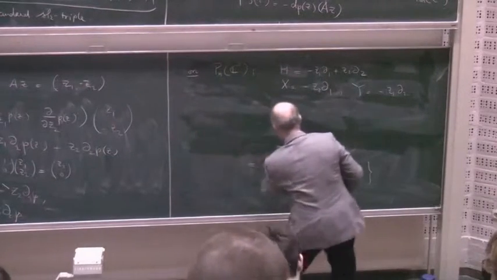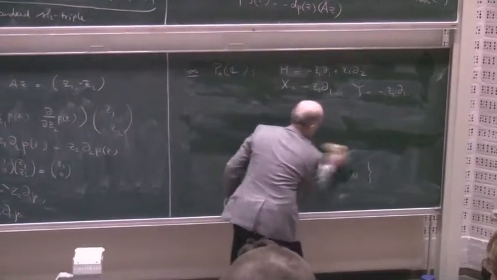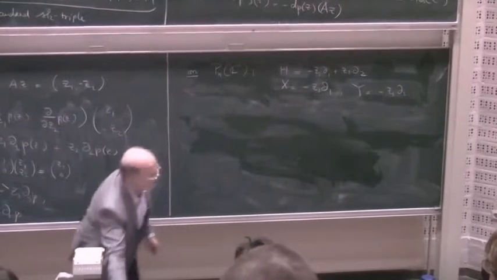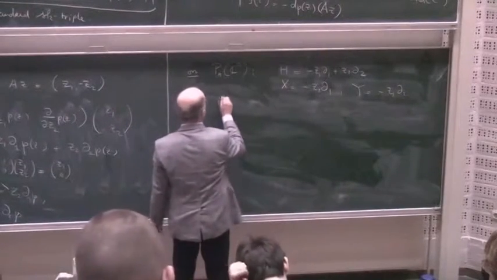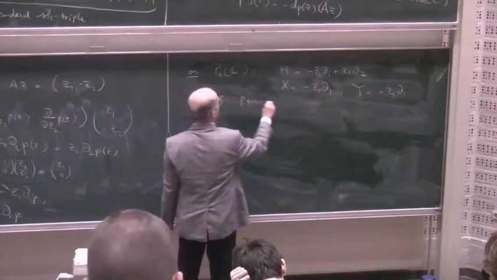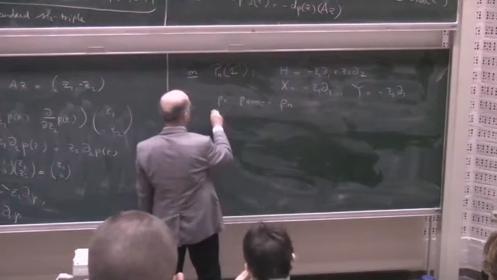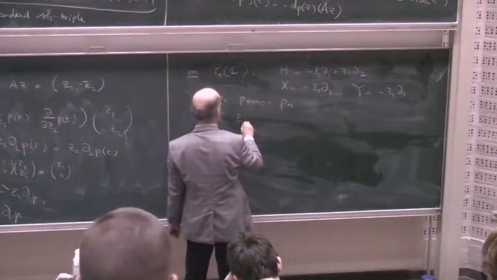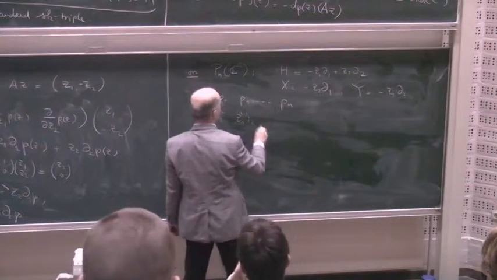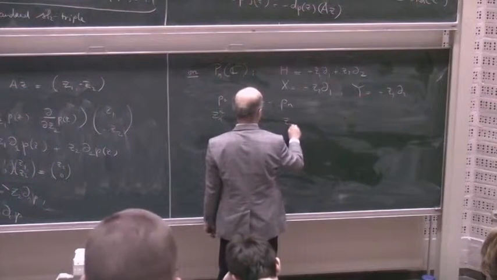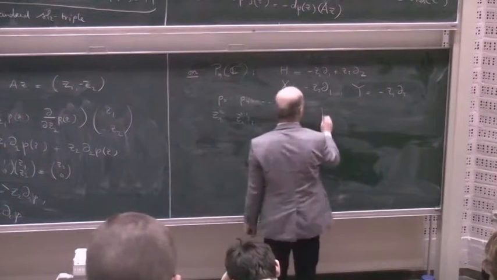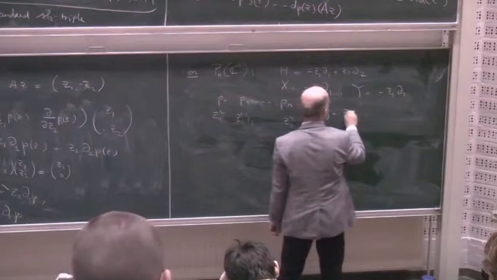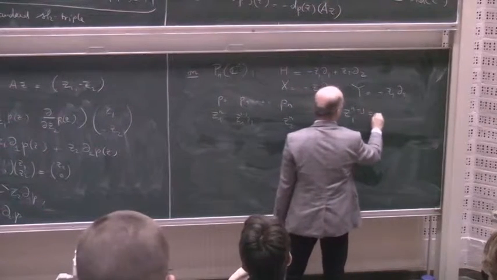Now we have a basis consisting of the polynomials p0, p1 up to pn, where these are z1 to the n, z1 to the n minus 1 times z2, and z2 to the n. So the general formula is pj is z1 to the n minus j times z2 to the j.